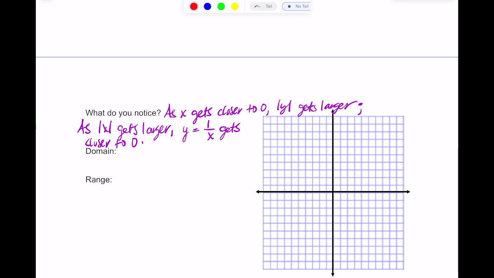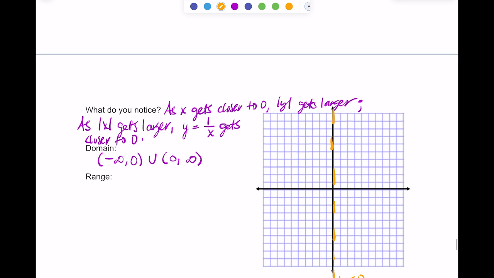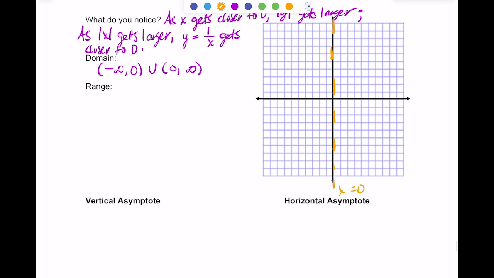So the domain is all real numbers except 0: from negative infinity to 0, union 0 to infinity. When x equals 0, we're talking about the y-axis, that's another name for x equals 0. So right there, that's going to be what's called a vertical asymptote.